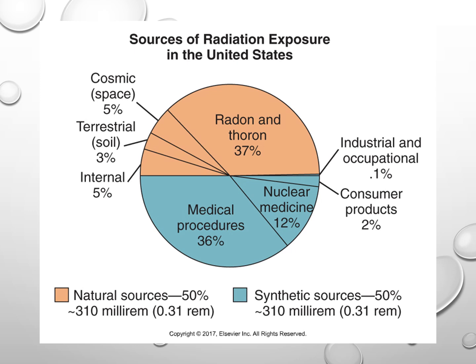Industrial and occupational is actually 0.1%, and this includes individuals who are occupationally employed in industries that have exposure to radiation, like dental hygiene. And then consumer products, things like that. Nuclear medicine, that's going to be like radiation therapy, and then medical procedures like those chest x-rays, and dental x-rays fall into medical procedures as well.